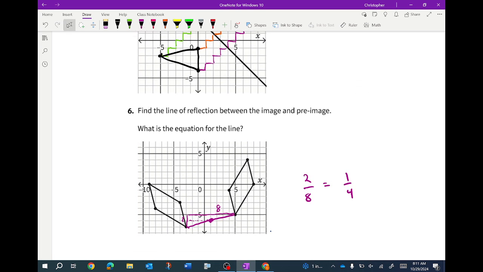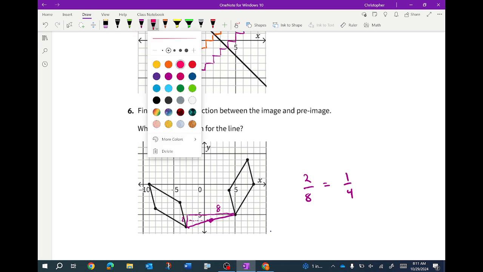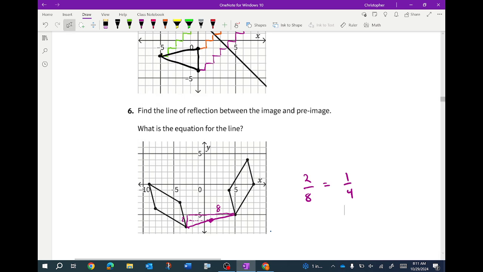Our line of reflection needs to be perpendicular, so I need to flip-flop that and make it negative. So this is going to go down 4/1.